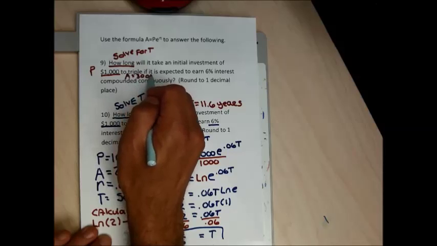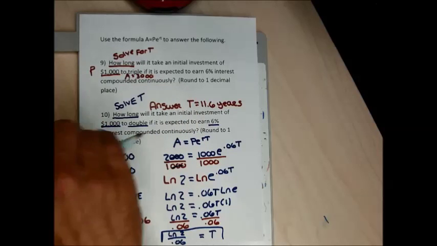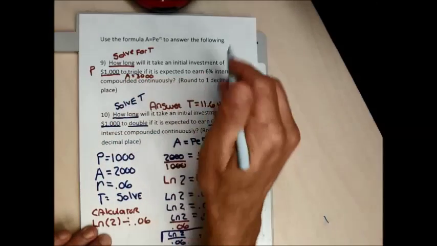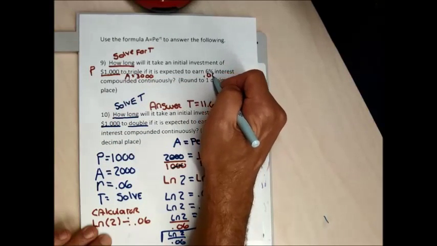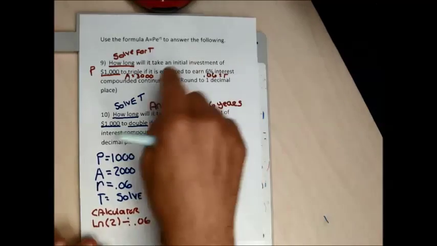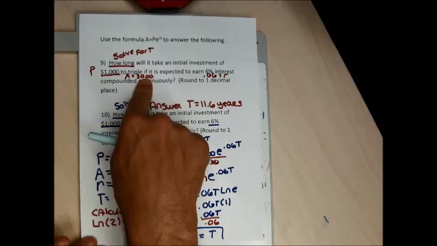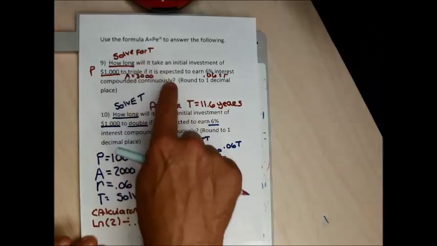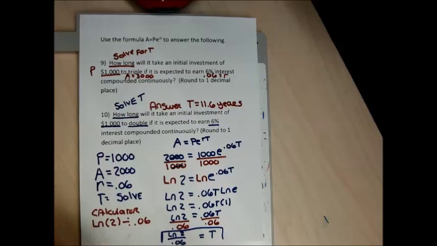It's tripling the initial investment of 1,000. So triple, if it's expected to earn 0.6%, which is 0.06 for the R. If you plug in a 3,000 for the A, 1,000 for the P, 0.06 for the R, and do the same sort of algebra to solve for t, you'll get the answer that you need to get for problem 9.